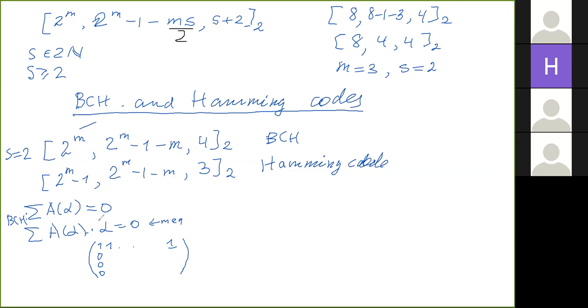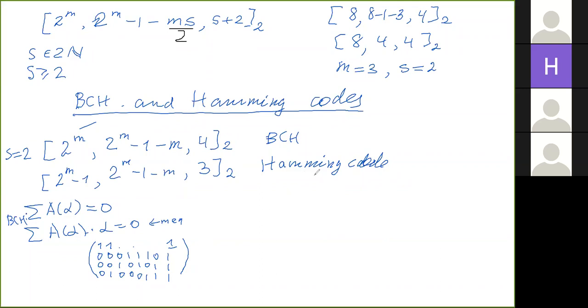But for the remaining ones, we have all possible different alphas, and that corresponds to all possible non-zero columns of height m. So columns 0, 0, 1, 0, 1, 0, 1, 0, 0, 1, 1, 0, 1, 0, 1, 0, 1, 1, and 1, 1, 1. And so we obtain the following parity check matrix.